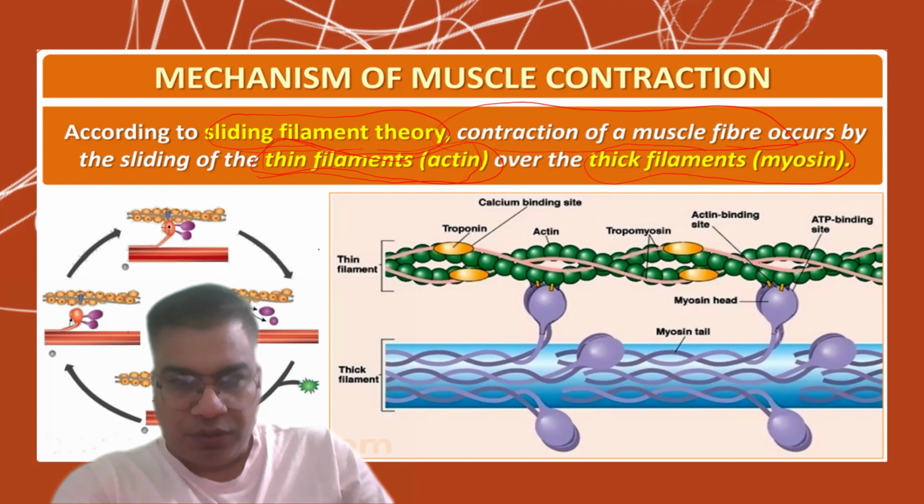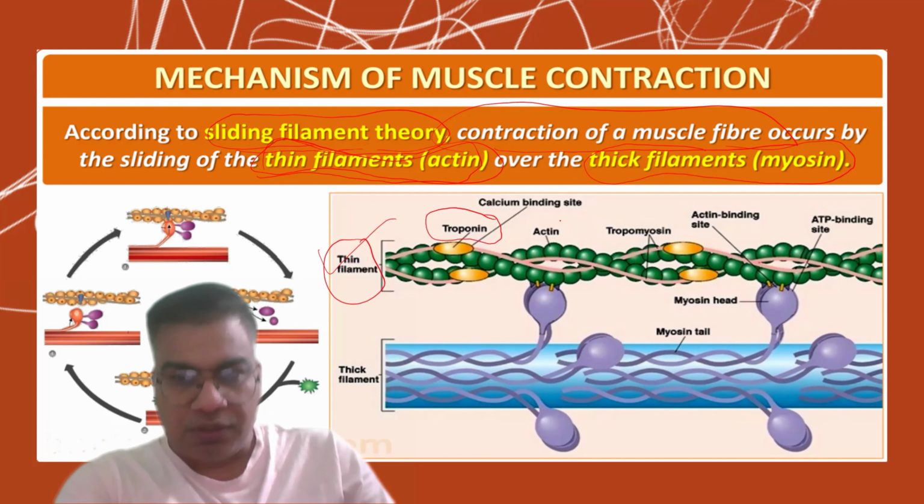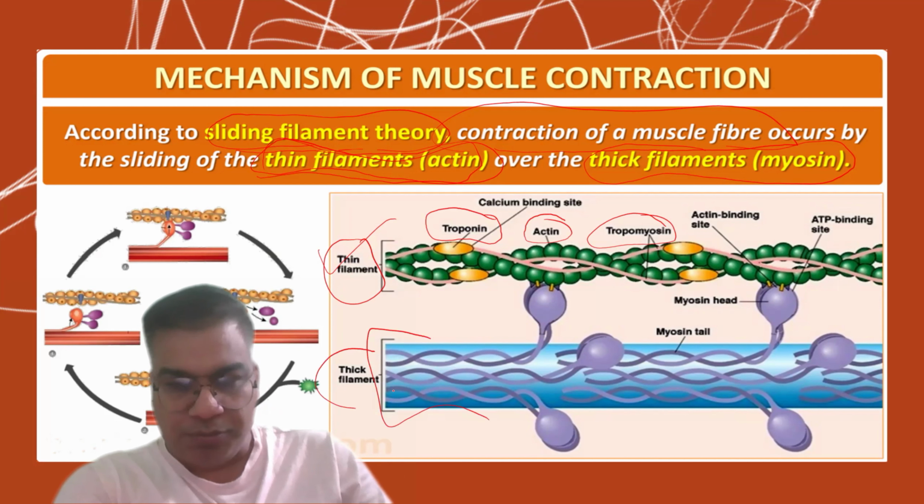In this image, we can easily appreciate the thin filament, which is made up of various proteins like troponin, actin, tropomyosin. And in case of myosin protein, which makes up the thick filament, there is a tail portion and a head portion.